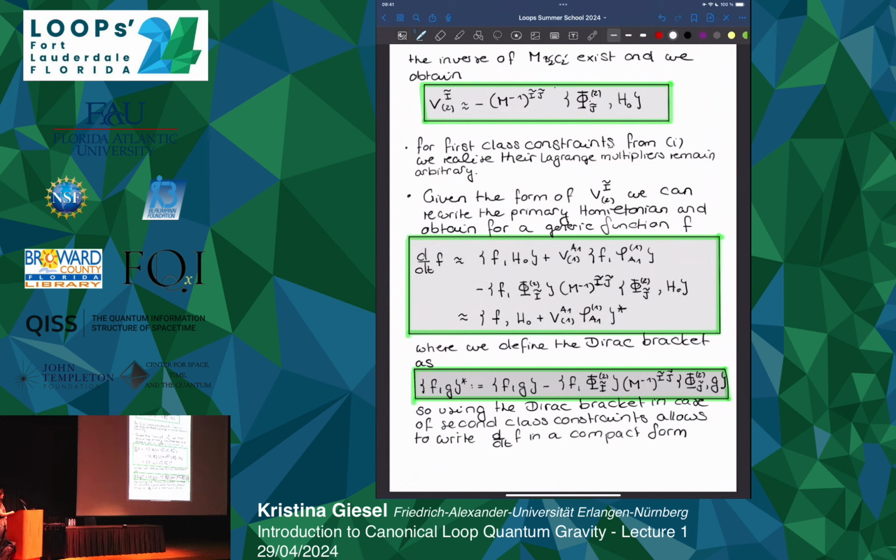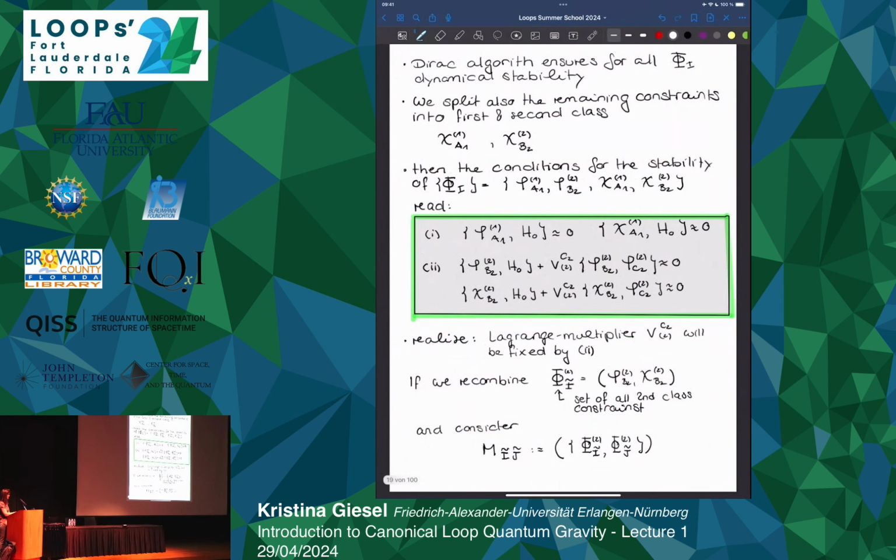So the Dirac bracket of two phase-space functions is the original Poisson bracket that we have here. And then you get an additional term, which involves these two functions f and g, and the inverse matrix of the second-class constraints here.